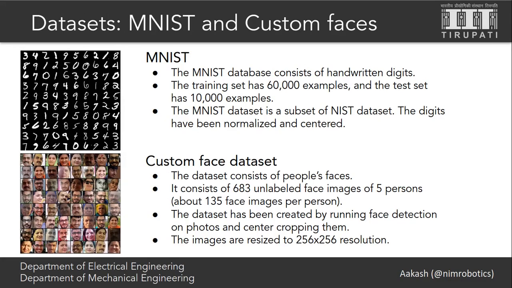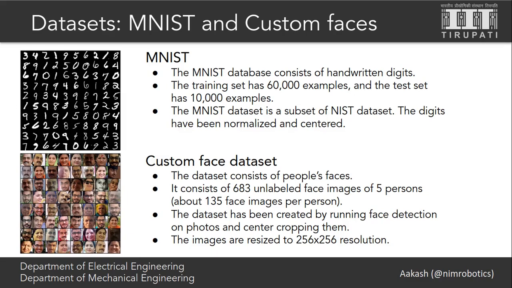I have used two datasets here, that is MNIST and a custom dataset that I created. The MNIST dataset consists of 60,000 training examples and 10,000 test examples. So I will talk more about my custom face dataset.